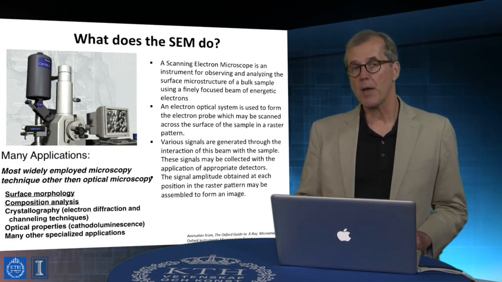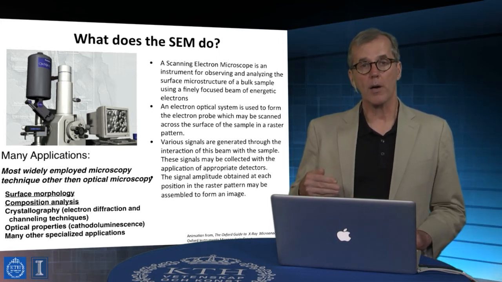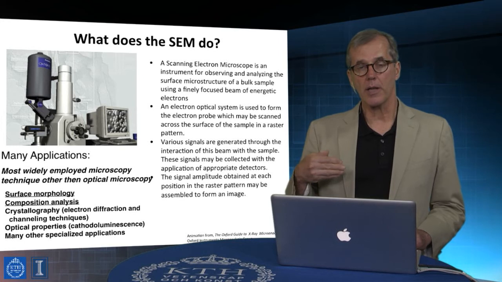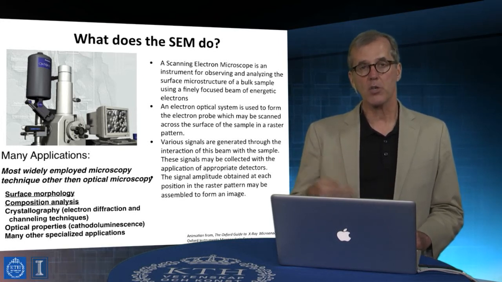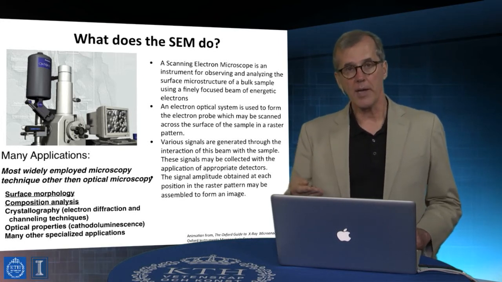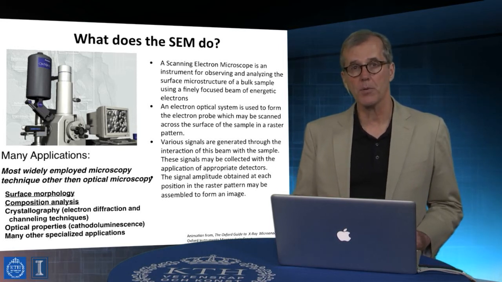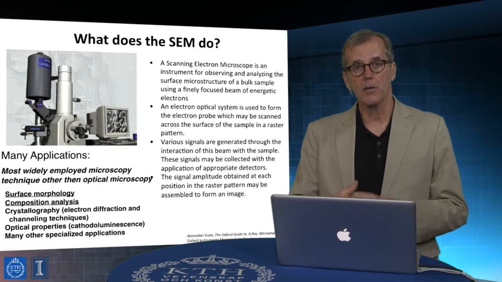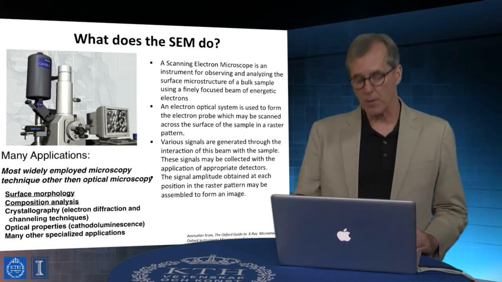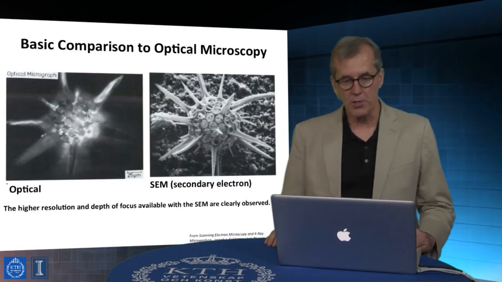But it also can measure other properties. Where electrons generate electronic excitations which lead to the emission of X-rays or light, those are the forms of secondary analyses that can also be coupled within an analytical electron microscope and provide other forms of information.